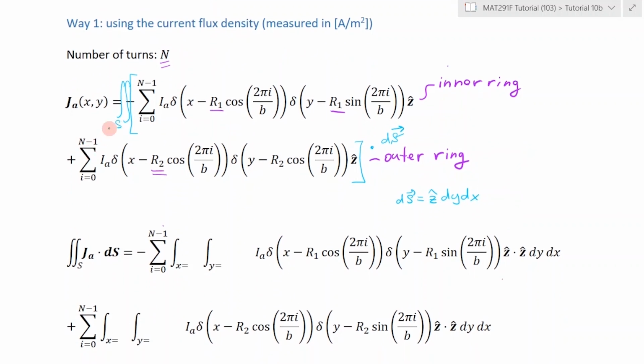The next thing I did is I took this integral and brought it inside of each of the summations. So this is what I have here in the end.